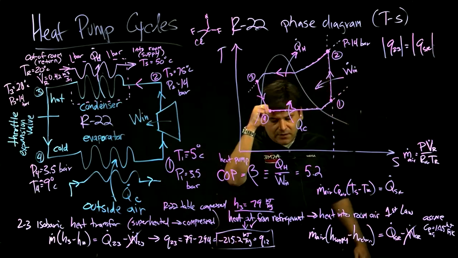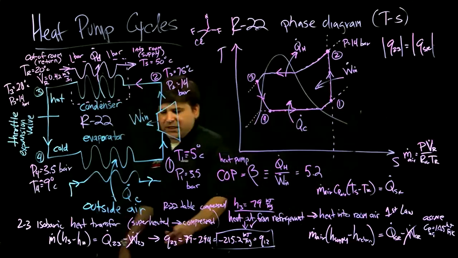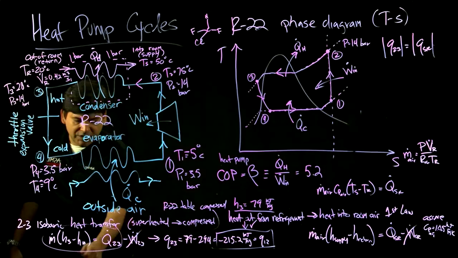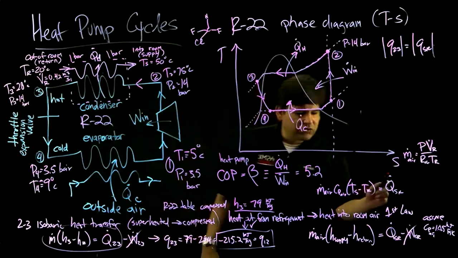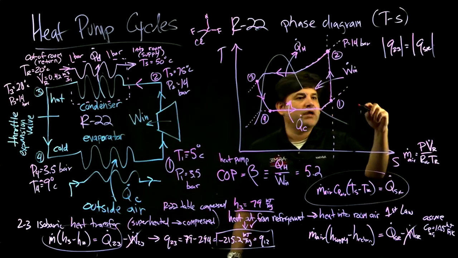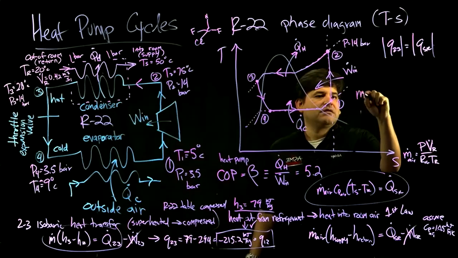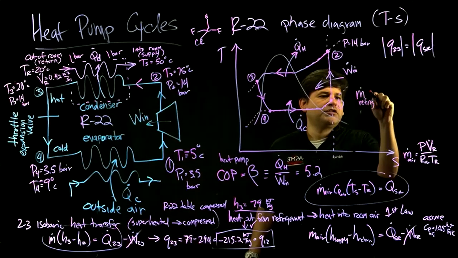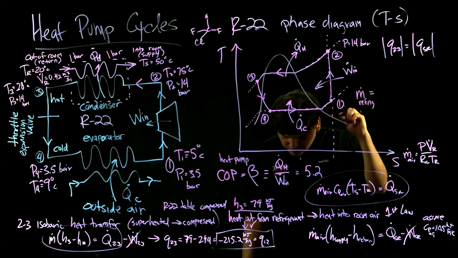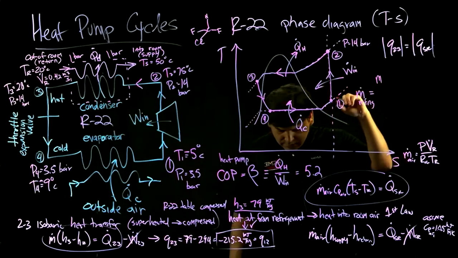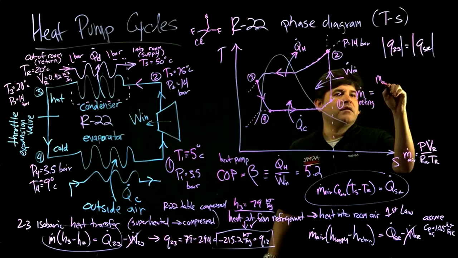And by doing that, we'll in effect be equaling this equation here. This equation has to equal this equation. So the mass flow rate of the refrigerant has to equal the mass flow rate of the air.